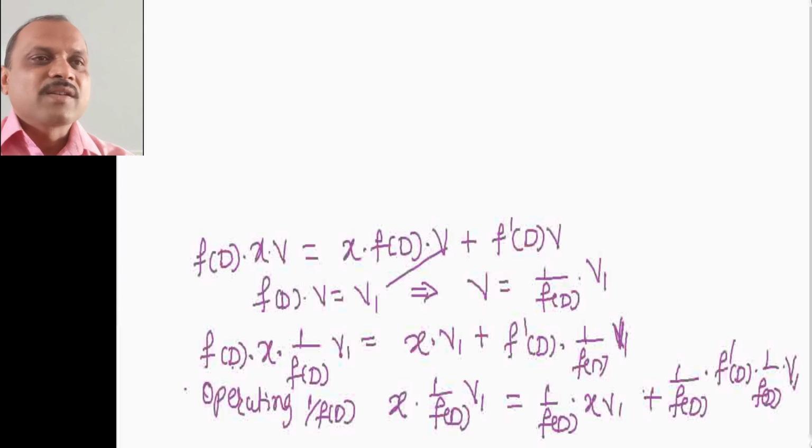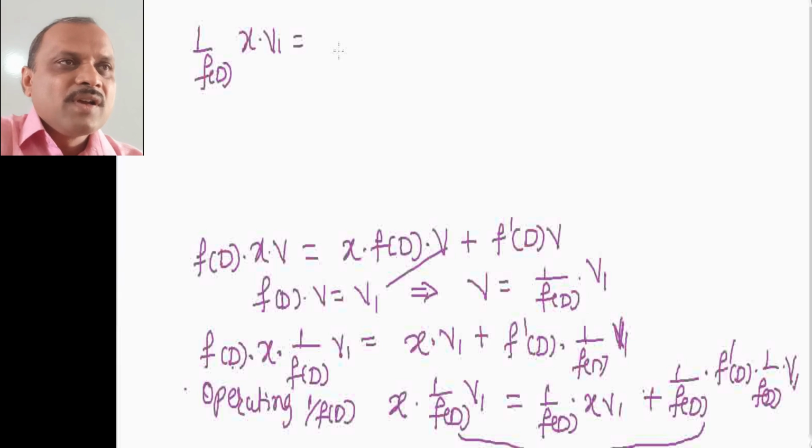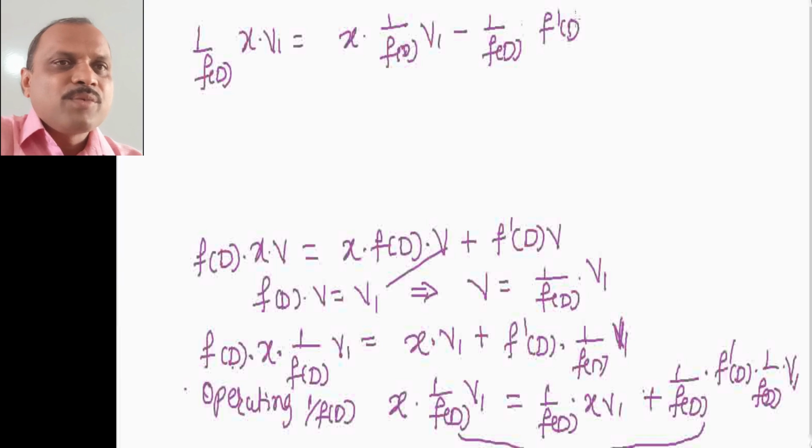Now transfer this term to this side, and we get 1 upon f(D) x into v1 equal to x into 1 upon f(D) into v1 minus 1 upon f(D) f'(D) 1 upon f(D) into v1.